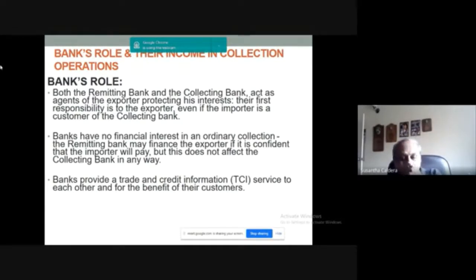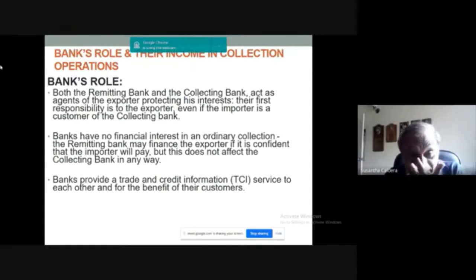Even though the importer is your customer, you have the first priority responsibility to the exporter. Banks have no financial interest in an ordinary collection. The remitting bank may finance the exporter if it is confident that the importer will pay, but this does not affect the collecting bank in any way.